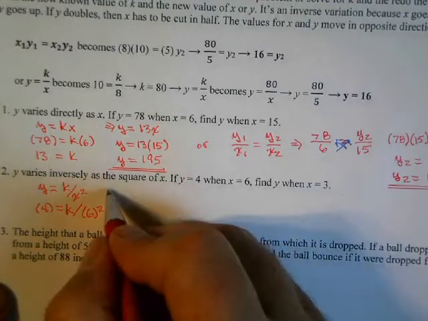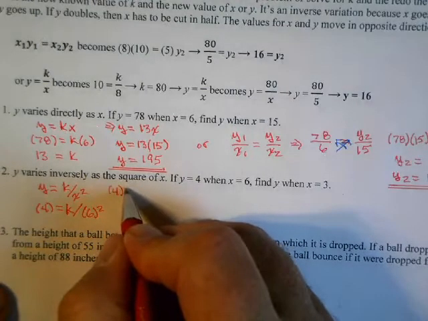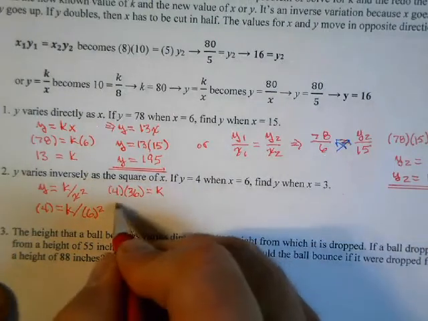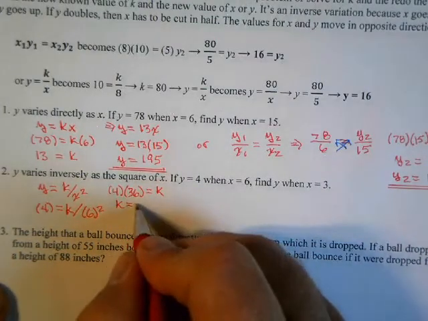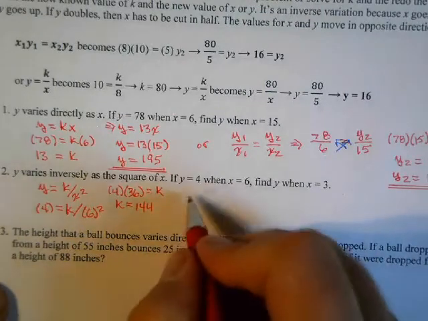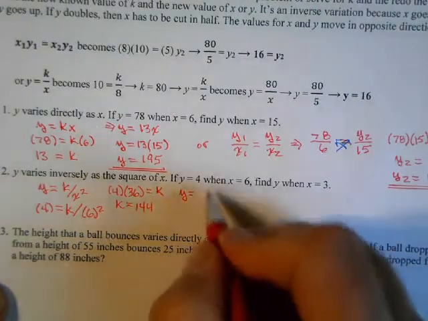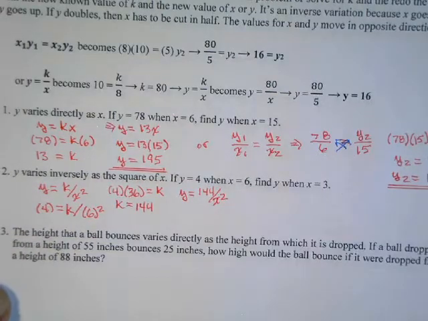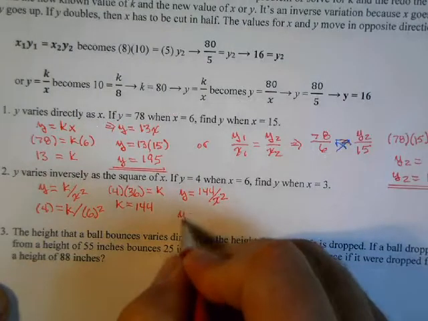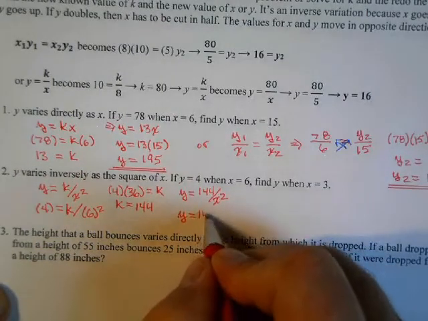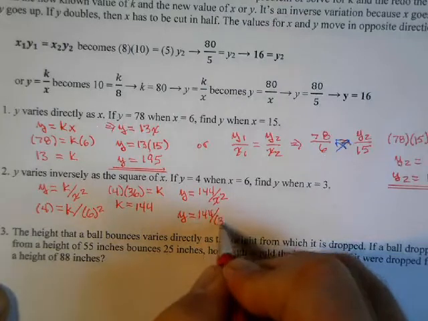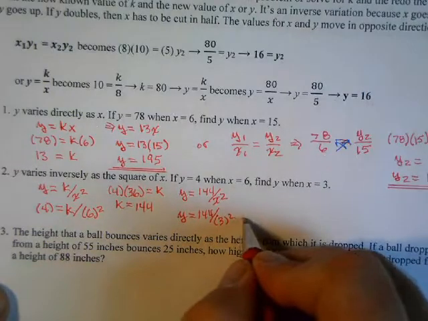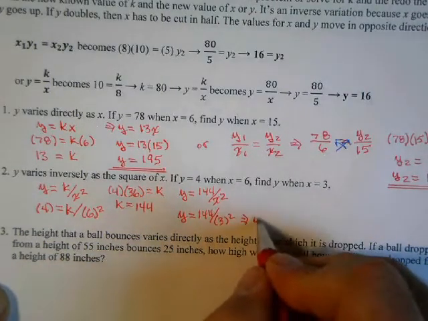So 4 times 36 will equal k, or k will equal 144. Then we now have 144 over x squared as our new equation. So x is going to be 3. And again, it's squared. And that's going to give us y equals 16.